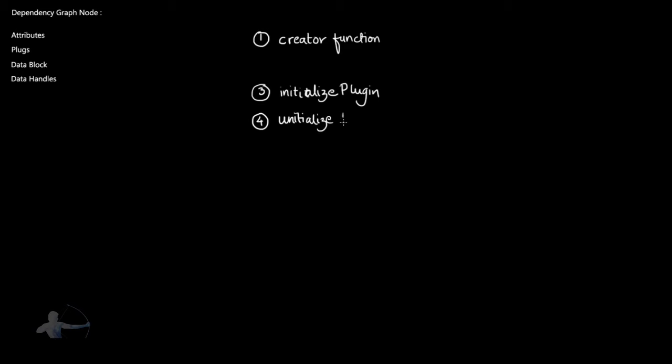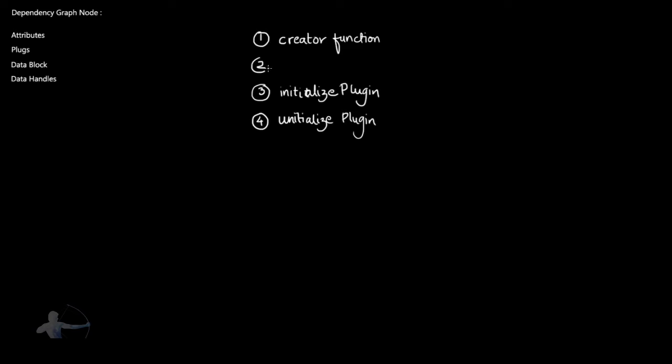To design a dependency graph node, we need a creator function, and then, I'm skipping one step, we need initialize plugin. Fourth, we need uninitialize plugin.